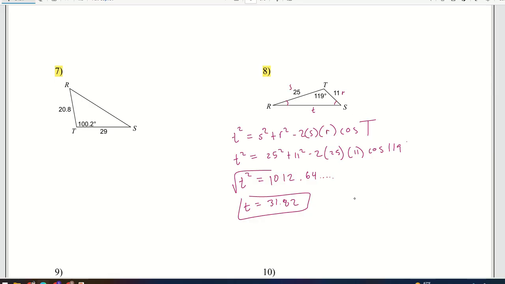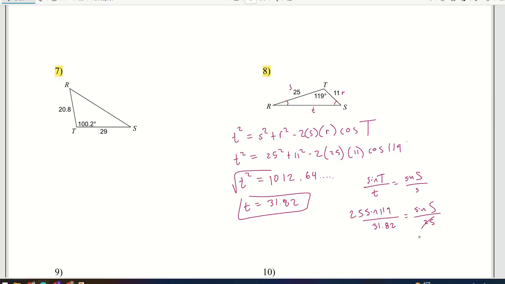So here we do the law of sines, since now we know the entire T chunk. So we'll do sine of T over little t equals, let's find S, sine of S over little s. So sine of 119 all over 31.82 equals sine of S all over little s, which is 25.